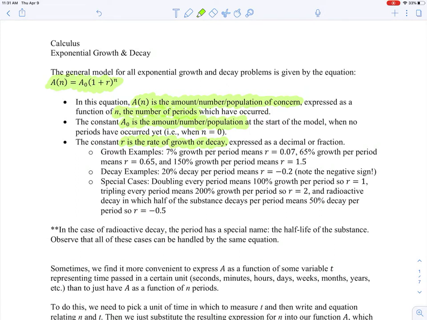Whenever we're talking about growth, a quantity increasing in size, then r is going to be a positive decimal. If a quantity is decreasing, that represents exponential decay, and r is going to be negative. I'll give some examples, like 7% growth per period can be written as r equals 0.07.